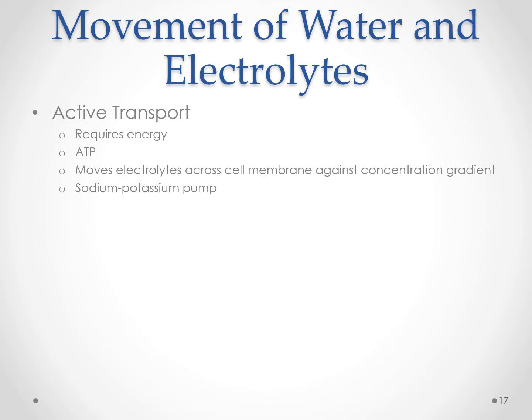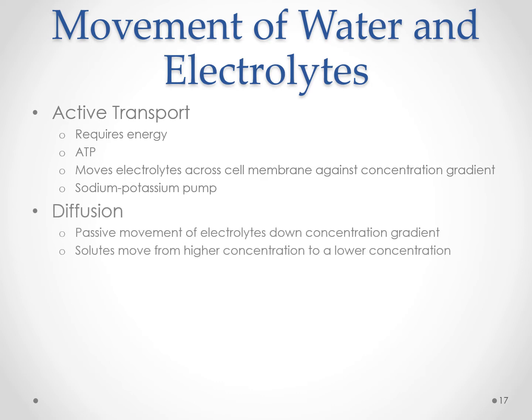You need an activator. You have a security guard, and it requires a pass or your badge to get through the door. So that's your active transport. Diffusion is your passive movement. This is the one where there's no gatekeeper. It's just a revolving door that you can go in and out of.